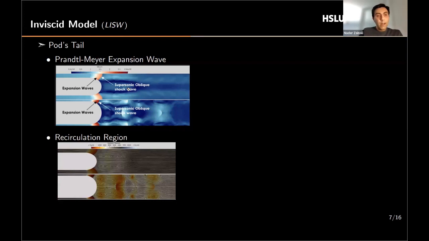And the second feature is the recirculation region. After the oblique shock wave, small vortices are generated and continuously merge with each other and create larger vortices, which overall decreases the pressure at the back of the pod.